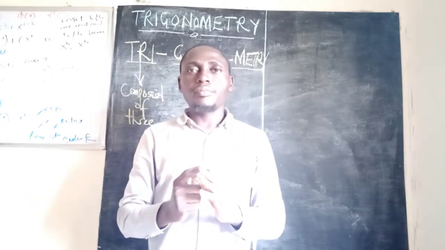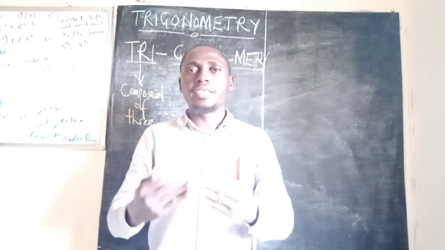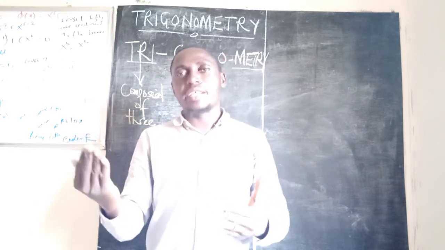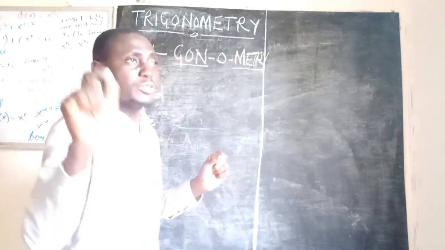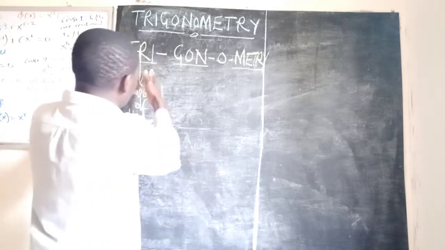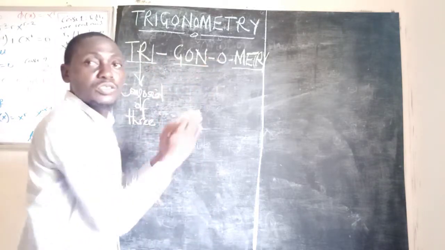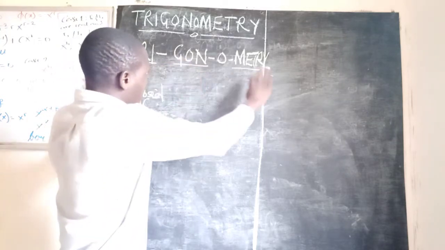We have mono, di, tri, tetra, penta, hexa, and the likes. So tri is three. The same tri that we used in the Latin word is also used here to form the word trigonometry.